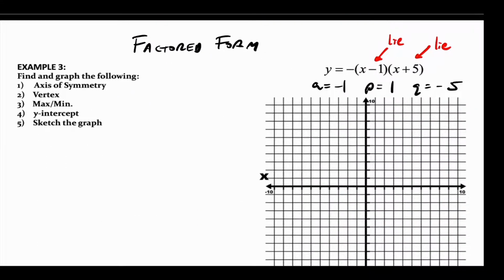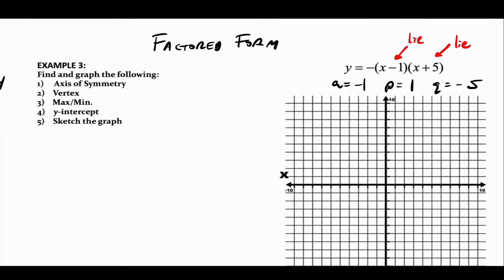So if they have minuses in front, they're actually positive. If they have positives in front, they're actually minuses. So those guys are important because those are the x-intercepts or the roots. 1, 0 and -5, 0.